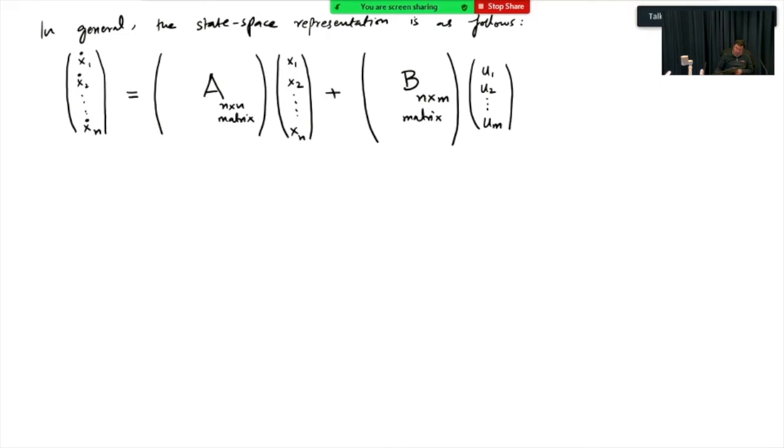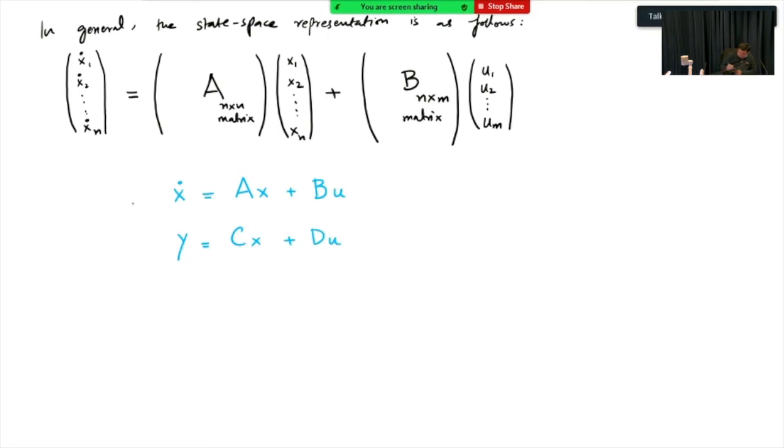Okay, so in general, you will say the vector of states evolves according to this equation, which is x dot equals Ax plus Bu, and the output is y equals Cx plus Du.